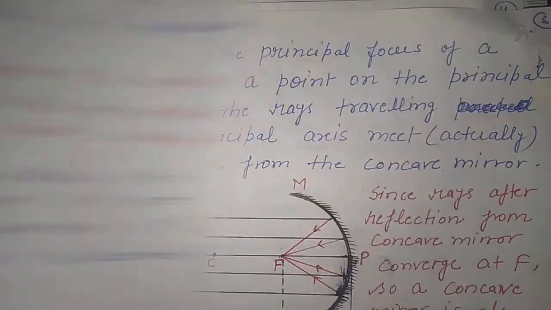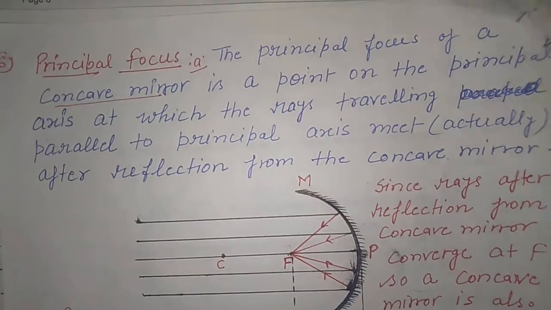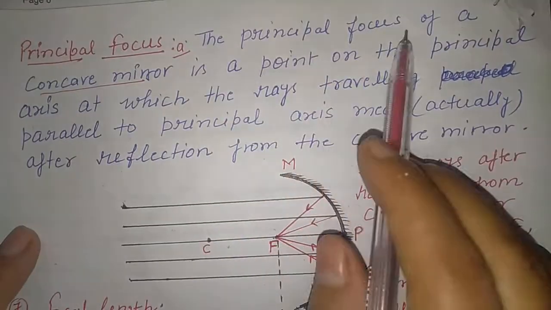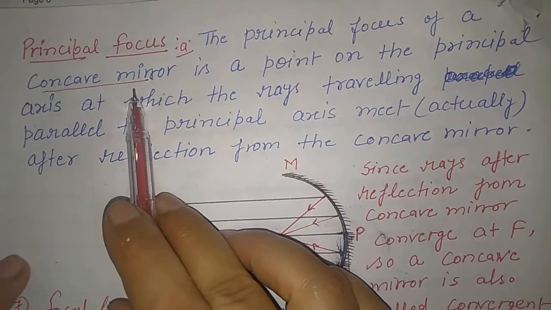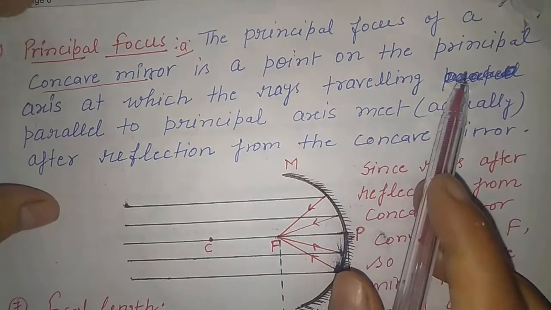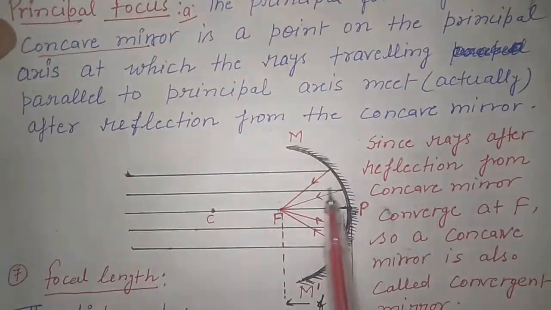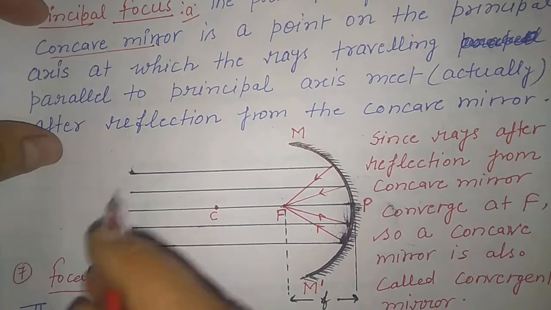So these are the points. Now the important point is the principal focus. The principal focus of a concave mirror is a point on the principal axis. This is the principal axis, the center one.